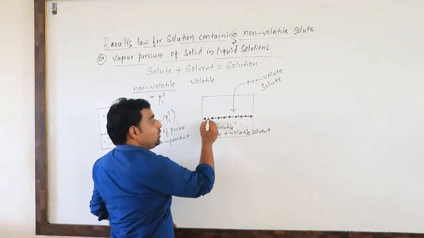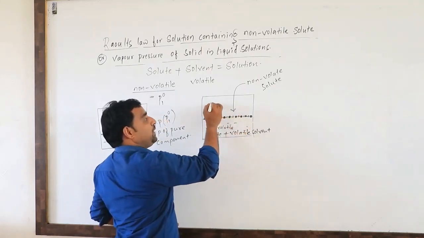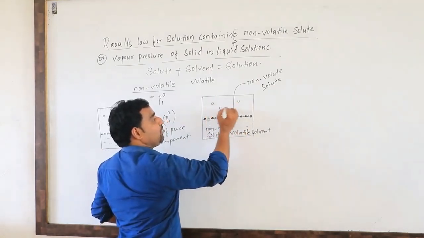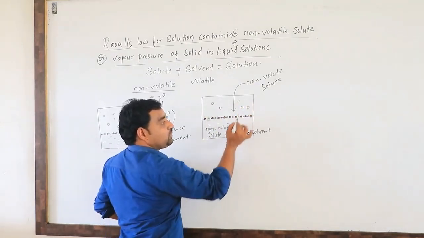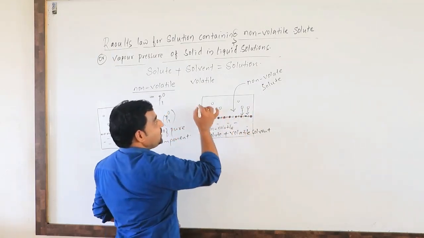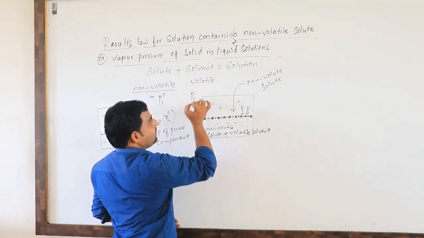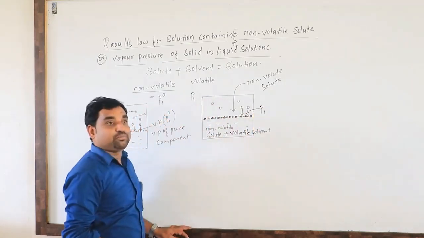So fewer solvent particles evaporate to form fewer vapor molecules. These fewer vapor molecules will exert less pressure on the solution. That pressure is denoted by P1, the partial vapor pressure.